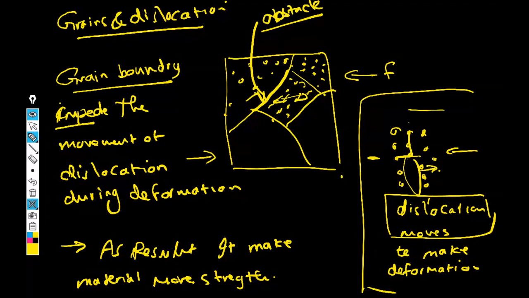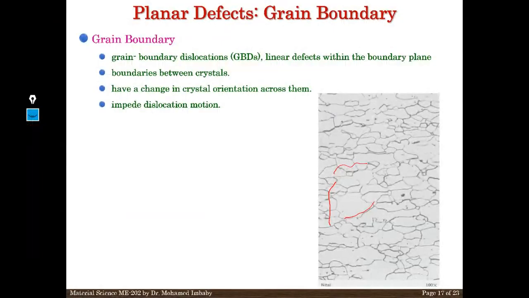The material gets strength. Is that clear? This point is very important to understand. The grains impede the dislocation motion, and that is why they can increase the strength of the material. Okay, let me move forward. Yes, Doctor.